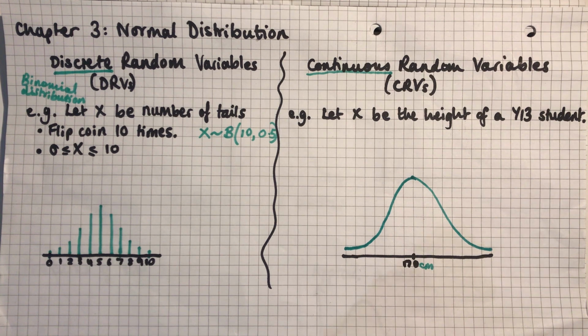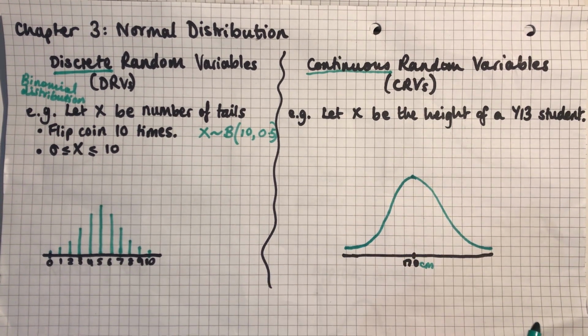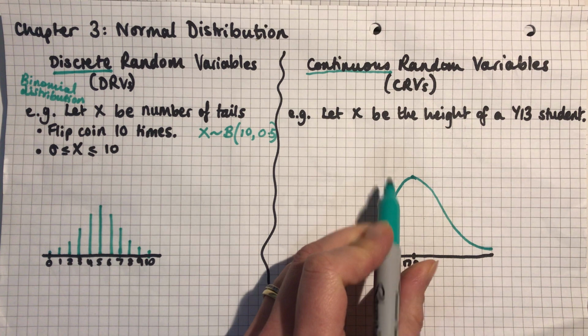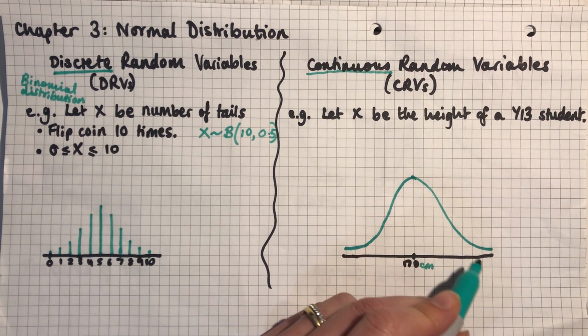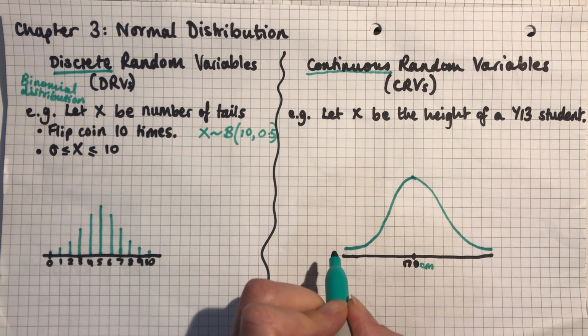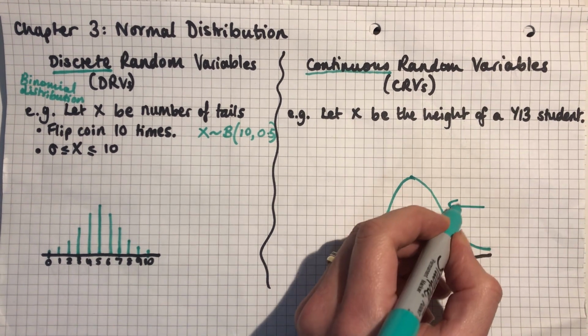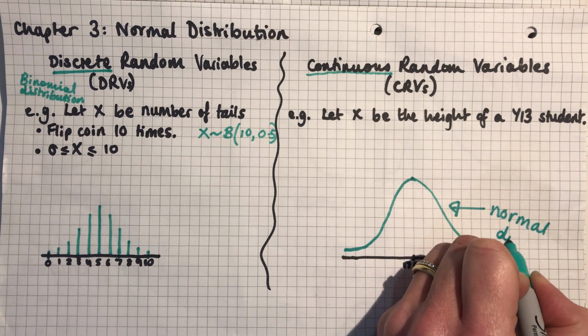Now, not all continuous data fits this symmetrical shape, but what we're interested in today is specifically those data that do fit this symmetrical shape. And this kind of symmetrical bell-shaped curve that certain types of continuous data fit is called a normal distribution. So this shape here for continuous data is the one we're going to focus on.